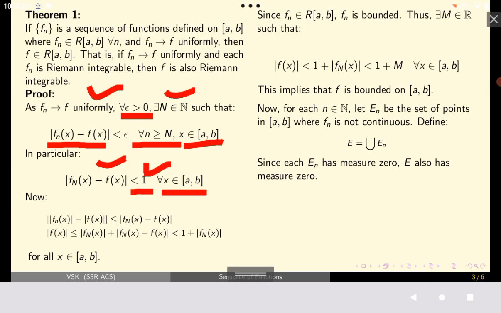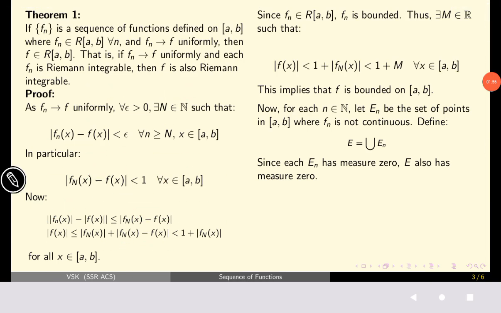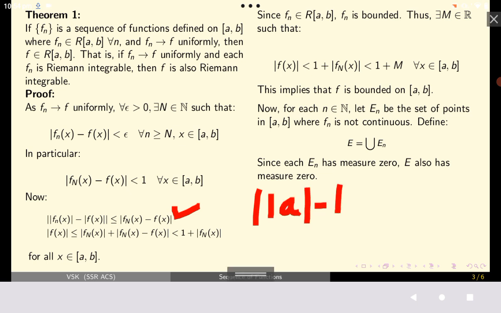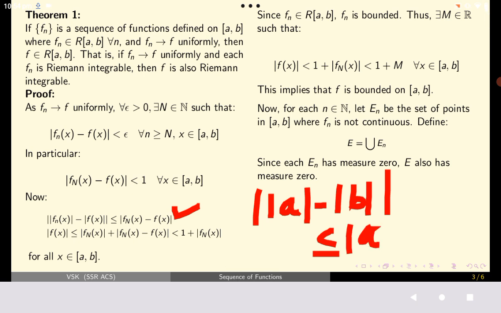Now, modulus of FN(x) minus modulus of F(x) is less than or equal to modulus of FN(x) minus F(x). Here also we take the particular value, and it should be capital N, not small n. This is so because we know that modulus of a minus modulus of b is less than or equal to modulus of a minus b. We are using this inequality over here.